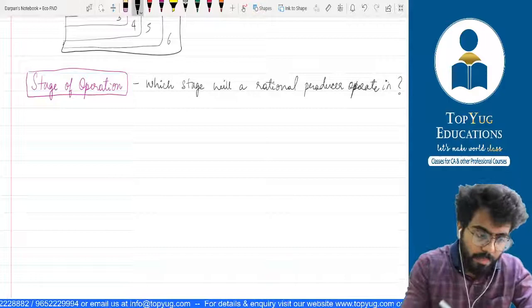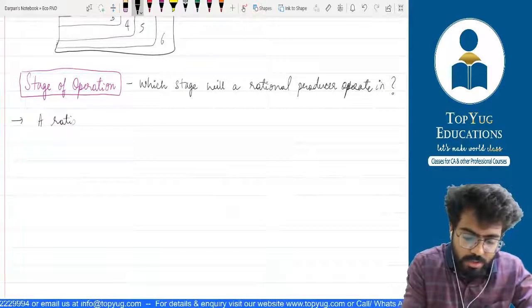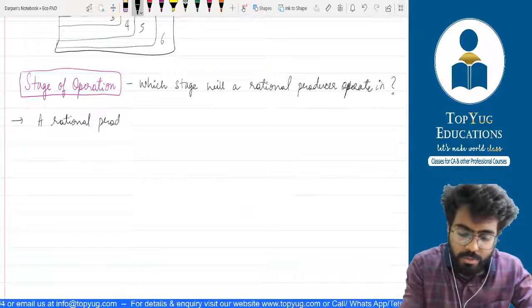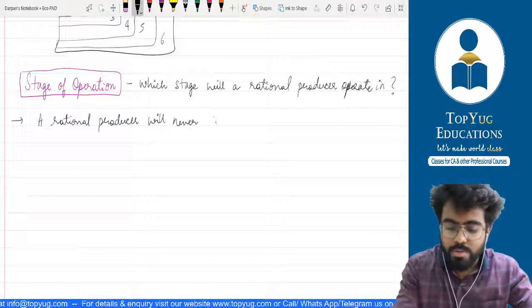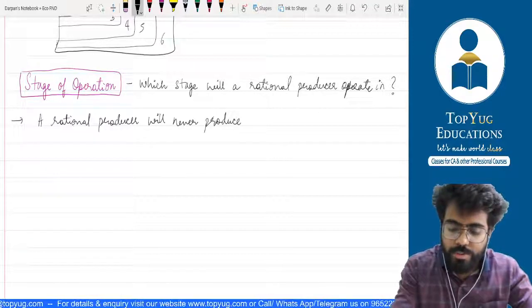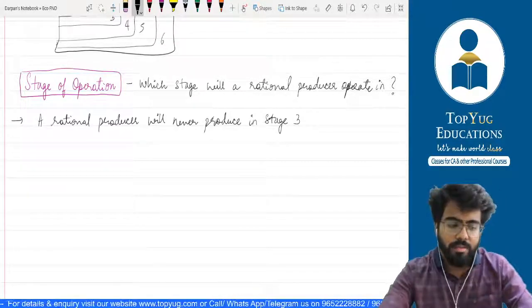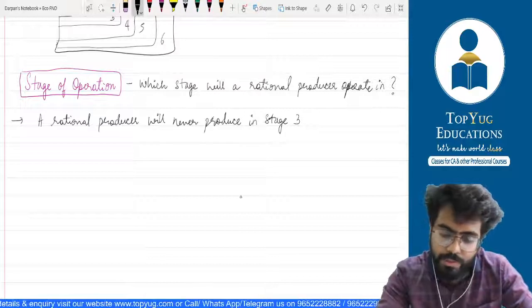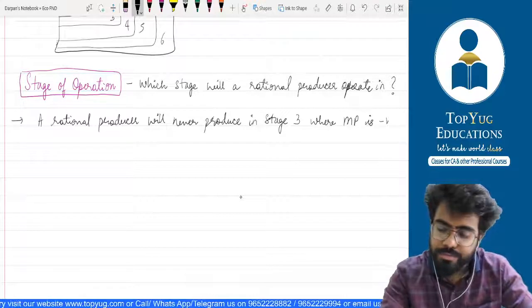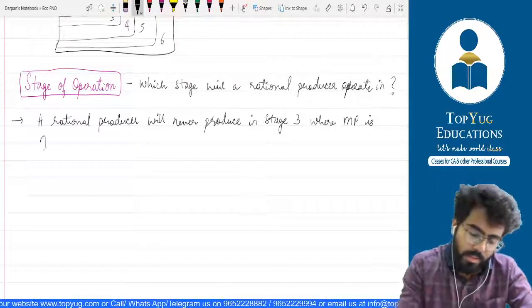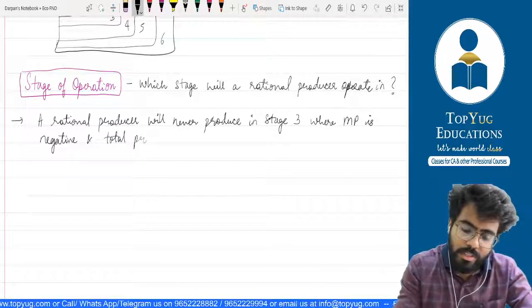So write down: a rational producer will never produce in stage 3, where MP is negative and total production is reducing.